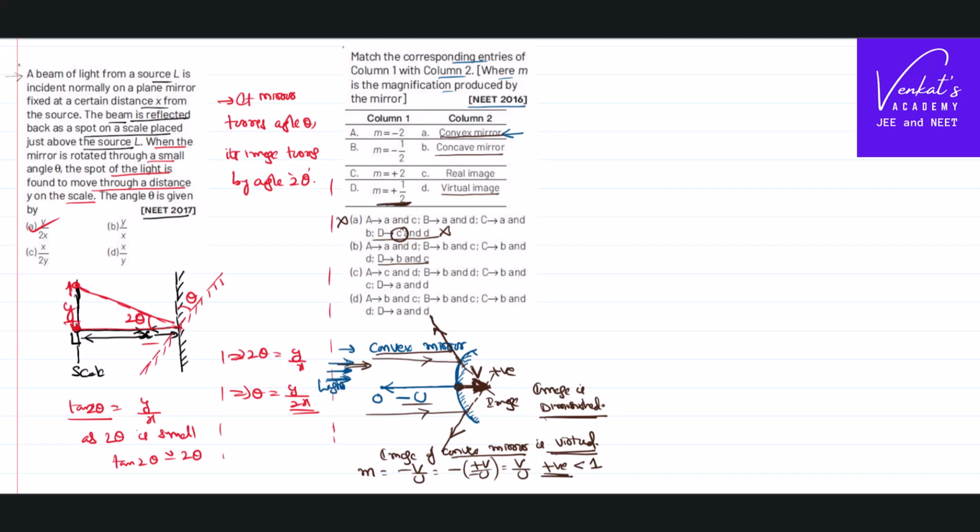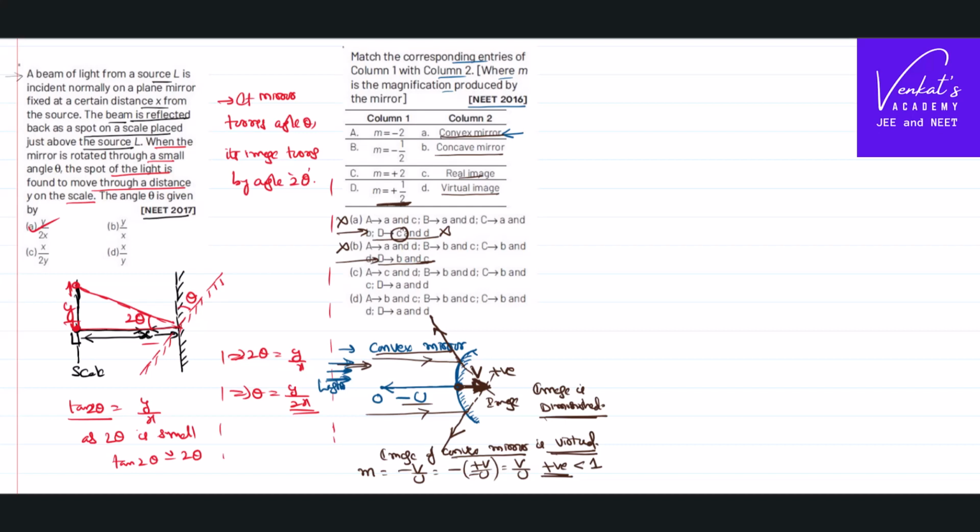And C is a real image. Positive magnification means virtual image, so it's not a real image. So options A and B are definitely wrong. That can be checked with option D, right? So those two are definitely ruled out.